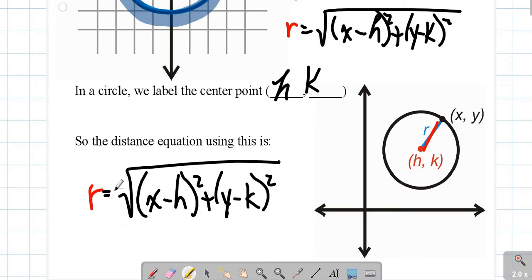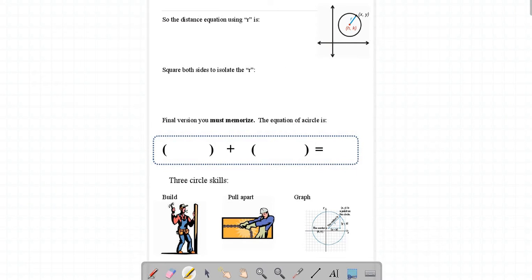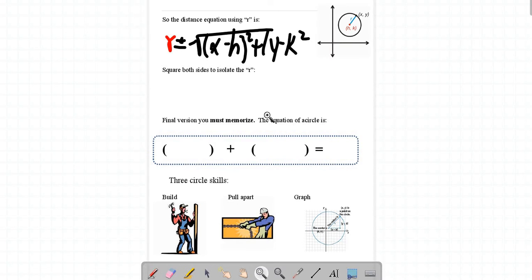But we really don't like to work with giant square roots in equations. It makes them awkward. So to get rid of that, we square both sides. So I take that radius equals, x minus h, parentheses squared, y minus k, parentheses squared.